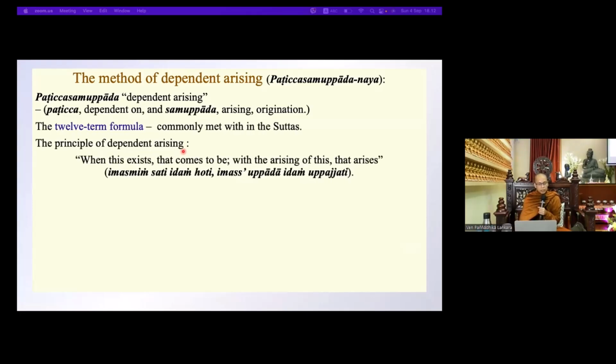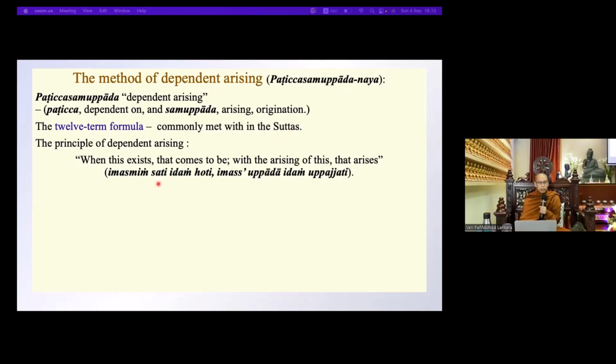Here the method of Paticcasamuppada comes with a 12-term formula, so 12 parts will be explained. This formula is usually found in the Sutta teaching. Although it is mentioned in the Abhidhamma Sangaha, this Avijja Paccaya Sankhara, etc., can be found in the base of the Sutta teaching.